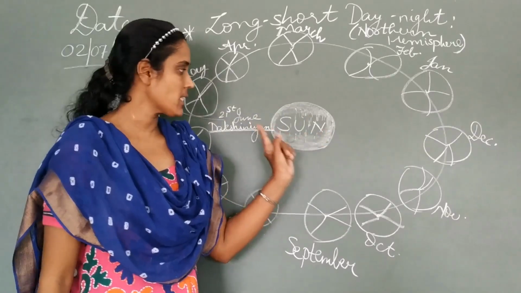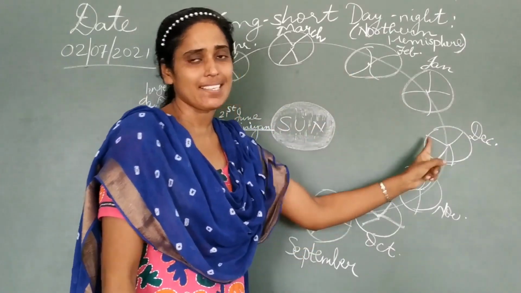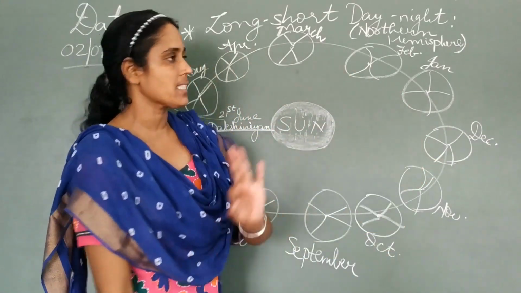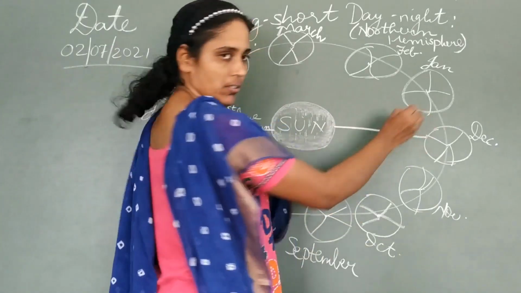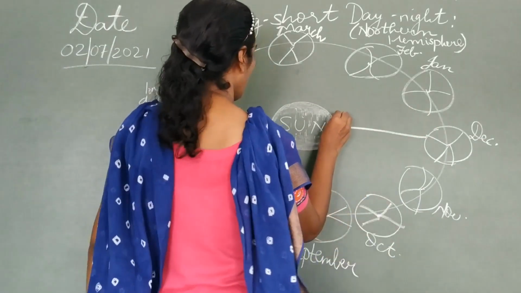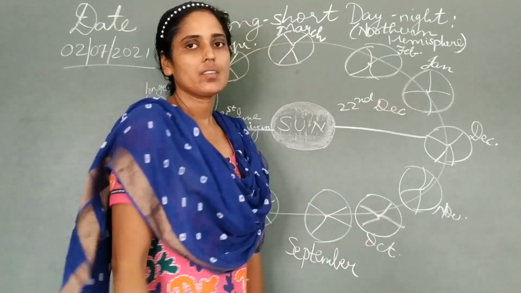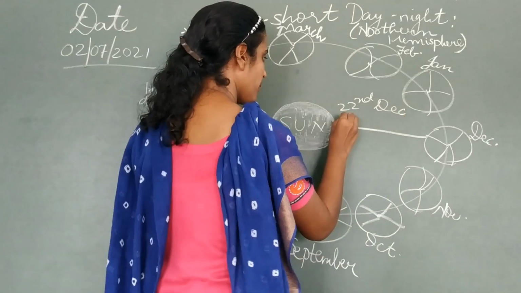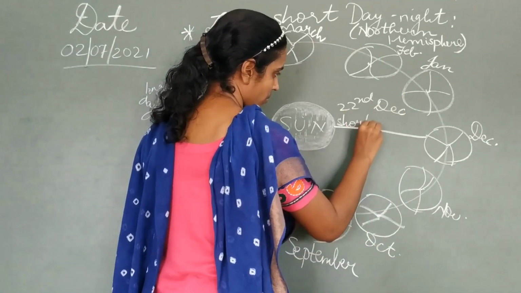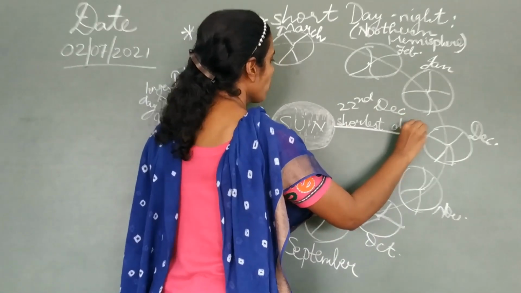Again, in the same manner, this side, December. Just after 6 months, we have 22nd December as the shortest day of the year. So you write 22nd December, that is the shortest day of the year. Just write shortest day, like you wrote longest day.